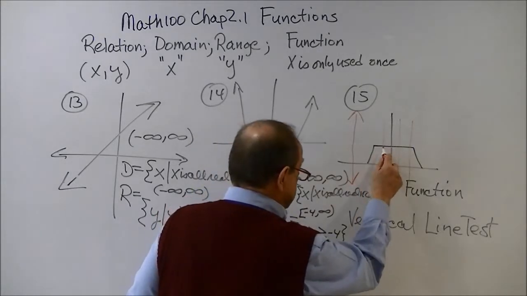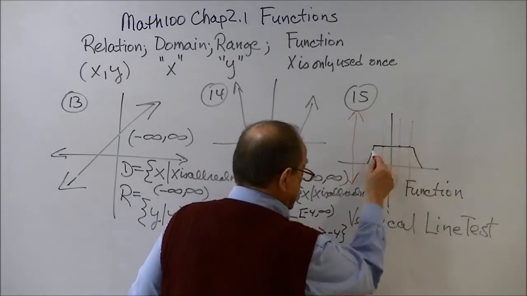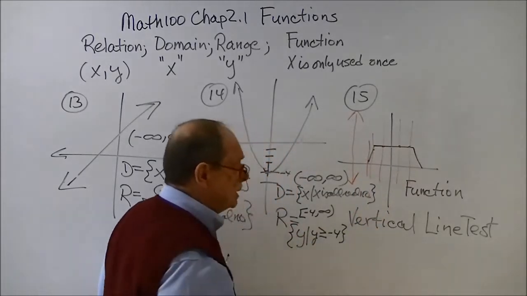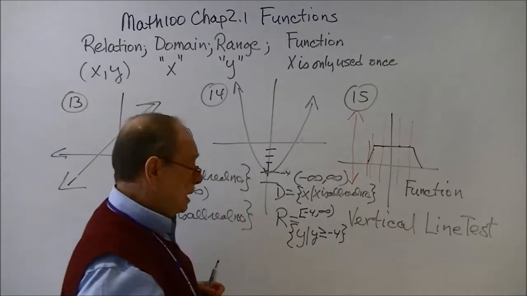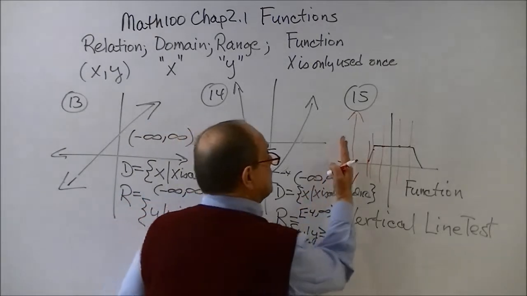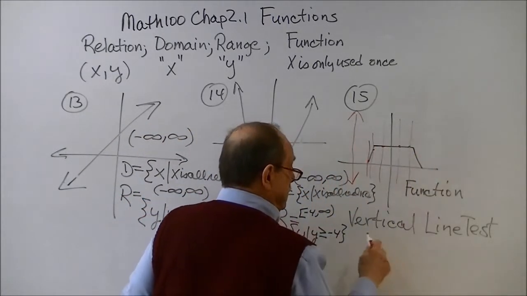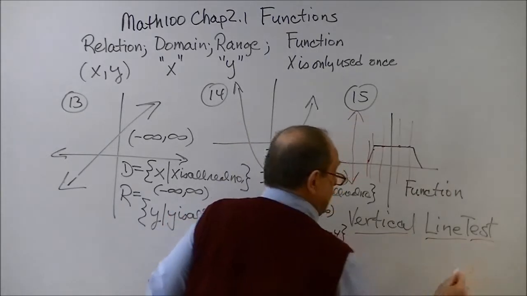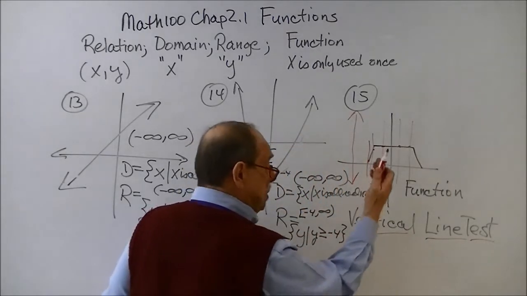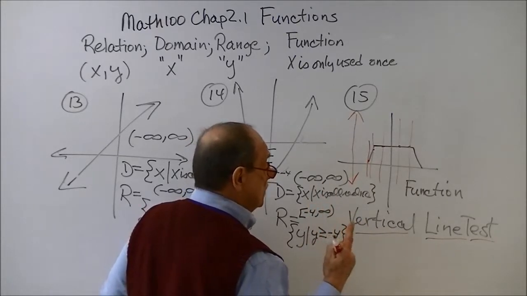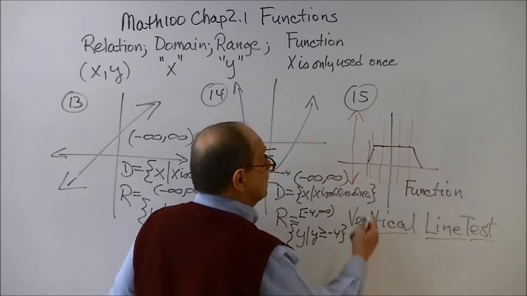See, here it's just one place. And no matter where you put it, it's only going to intersect in one place. So we call this, as we pass a vertical line over the face of a graph, the vertical line test. And if it passes that, that is, it only intersects in one place, it is a function.